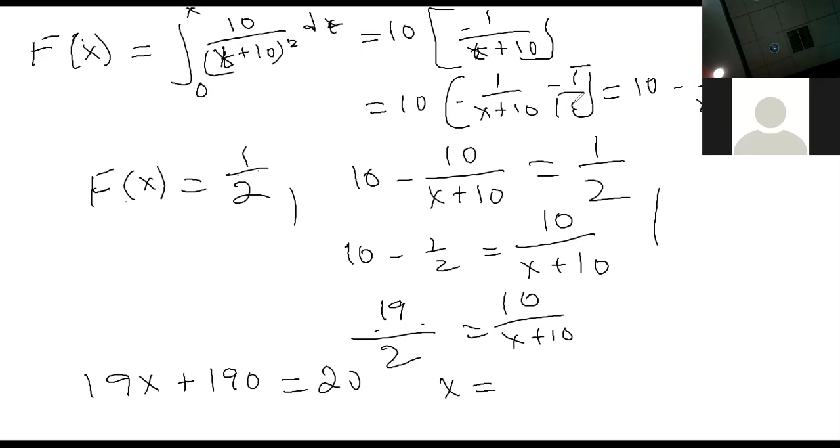This is 1 over 10. Do you understand why? Because at t equal to 0 this is 1 over 10. So I quickly wrote 10, which was not right, because it wasn't making sense at this point.